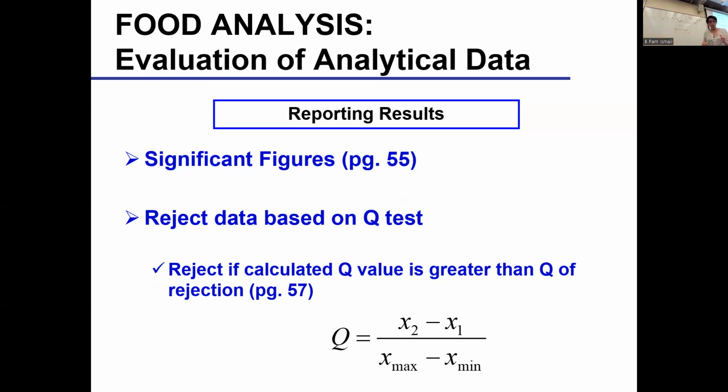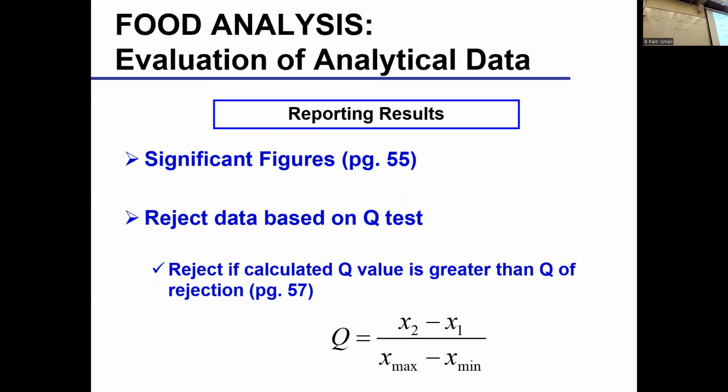Let's say you have a data set of 42, 45, 38, and then 21. All micrograms per mil, let's say the unit. You can see these are very similar, and this is way out there. So I can call this X1, I can call this X2. This is the closest to it.